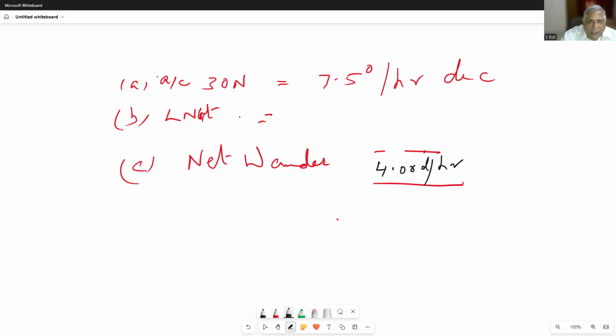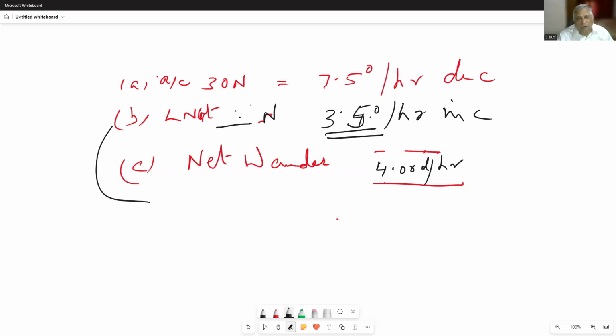You have not set the latitude nut to the correct place, and therefore it is only increasing your readings by 3.5 degrees per hour. Increase means it has been set to the northern hemisphere, but which latitude? 15 into sine of which latitude will give you 3.5, and that will be the latitude where you have set your latitude nut. So out of A, B, and C, if two are known, the third can be calculated.